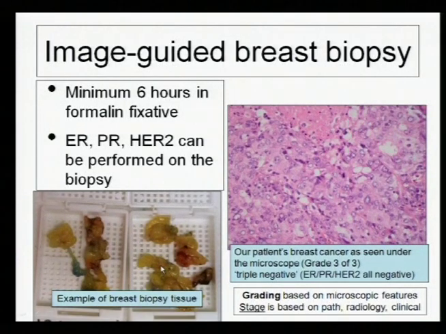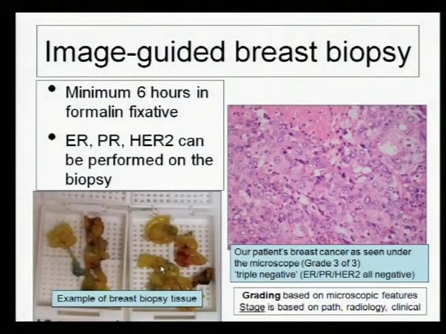One thing that comes up sometimes, and I know Dr. Prow gets questions from our patients: when a patient gets diagnosed with a breast cancer via image-guided biopsy, the question is, why is a pathologist doing the estrogen studies, the progesterone receptor studies, and the HER2 studies on my biopsy?